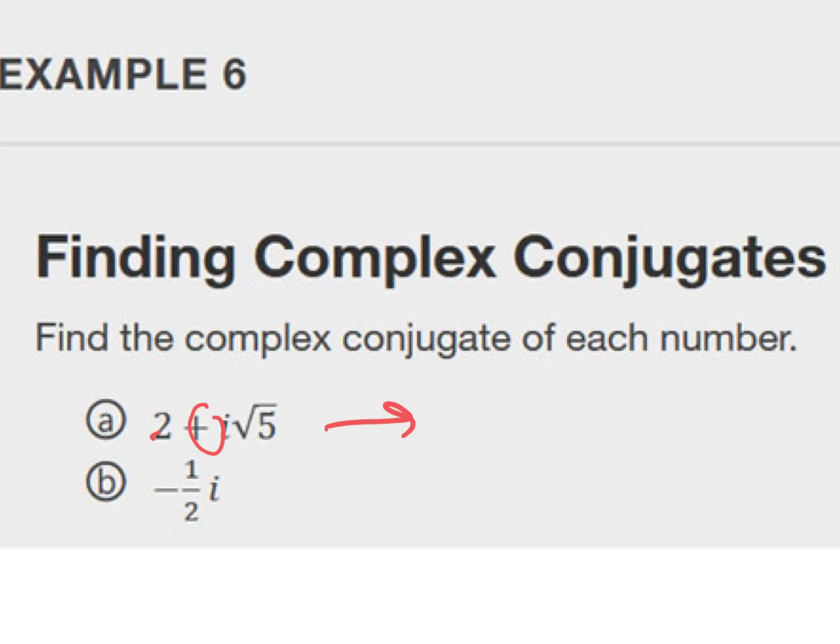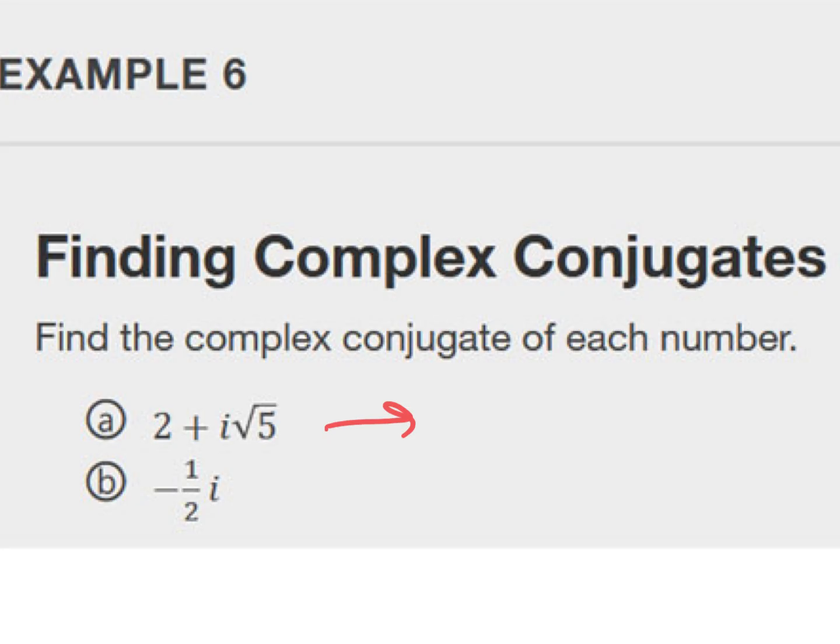So if we're looking at 2 plus i times the square root of 5, and that's pretty standard to put the i in front of the square root. If it ever is written with a square root number times i, it looks funny to put the i on the right side because then it looks like the i could be in the square root. So you put the i on the front.